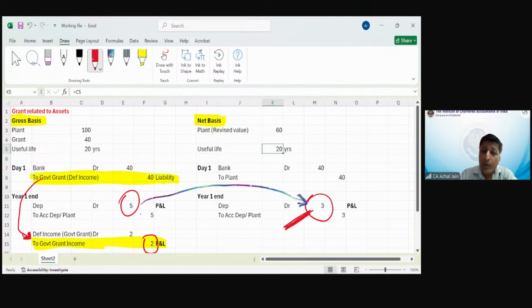It's included in the form of reduced depreciation. So you can't say it's not there. It's included in this 3 crore. Included means it has reduced the amount of depreciation. Otherwise, the depreciation should have been 5 crore, but now it's 3 crore. So that's how it's getting recorded. Got it, thank you.